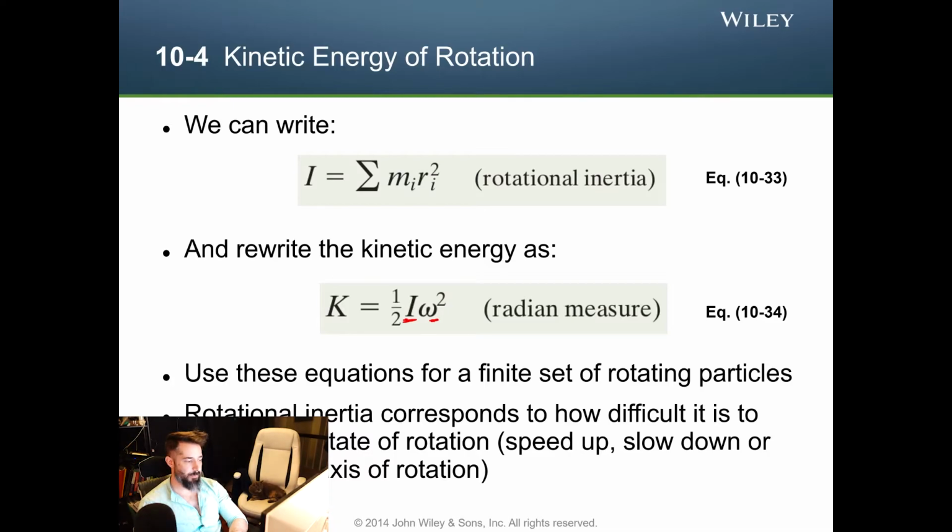A good way of putting inertia in general, not just specifically rotational inertia, is how difficult it is to change the state of its, the more general term would be, of its movement or its position.